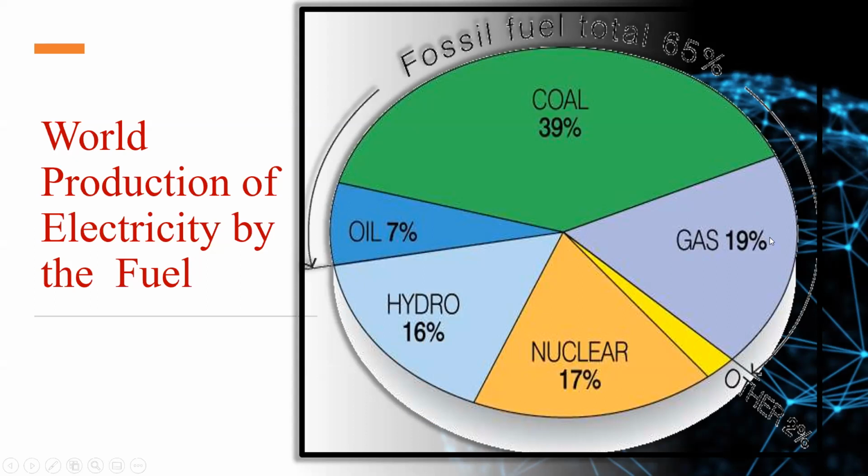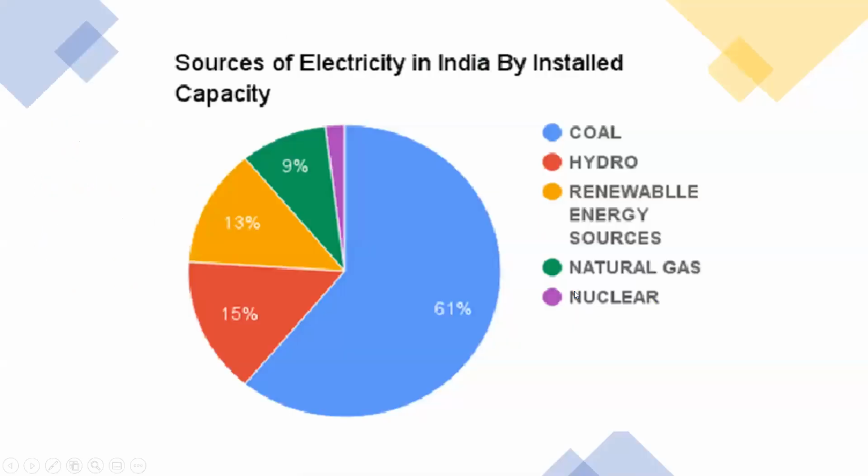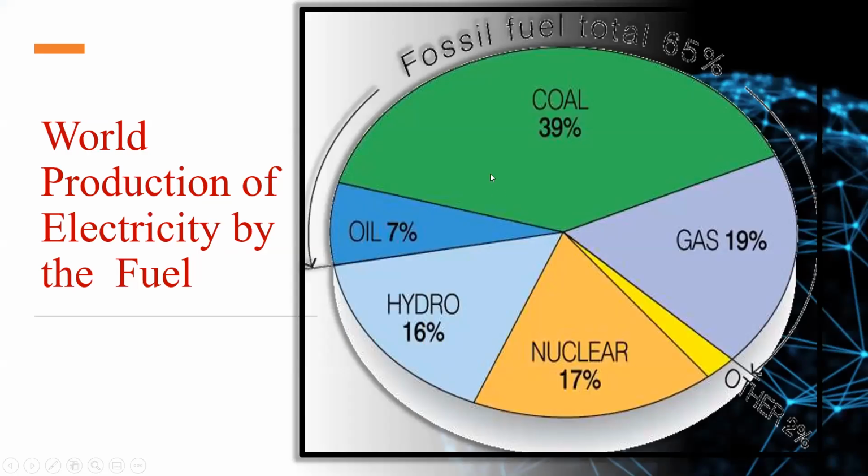By using gas power plant we produce 19%, in case of oil, that is the diesel power plant, we produce 7%, and in case of hydro power plant we produce 16% of electrical energy. For hydropower plant, water is the biggest source. And the last one is the nuclear power plant. So this is the complete pie chart with respect to how the world produces electricity.